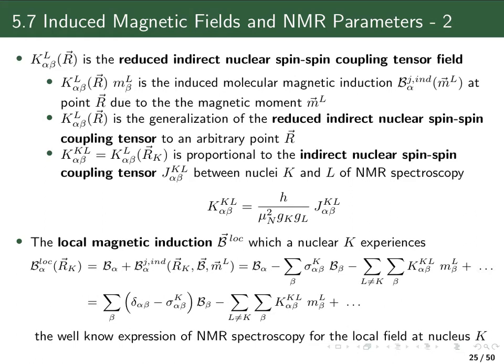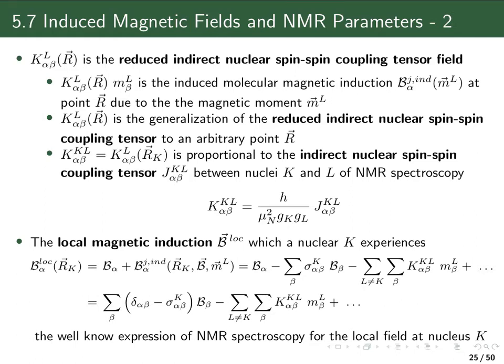But in the following, I will only discuss closed shell molecules, and for closed shell molecules, the permanent molecular magnetic induction is zero, like the permanent magnetic moment is zero. So therefore, what a nucleus K in a closed shell molecule experiences is the external magnetic field of the store magnet, the big magnet of an NMR spectrometer, plus the induced molecular magnetic induction induced by this external field.